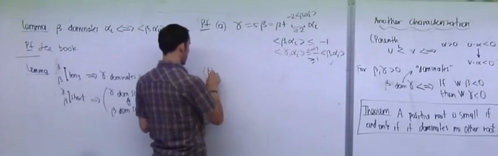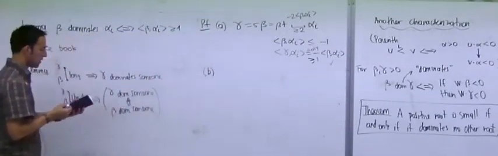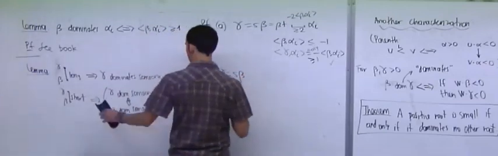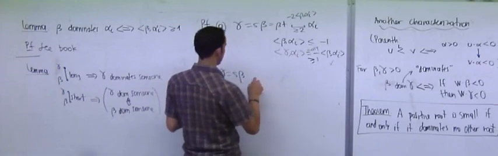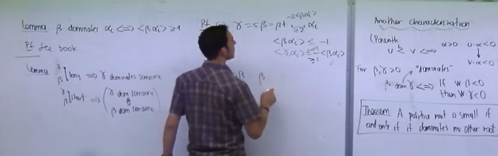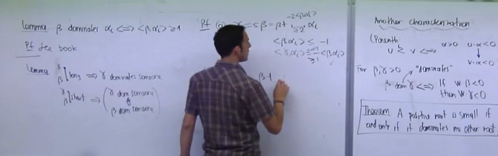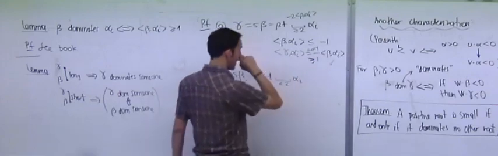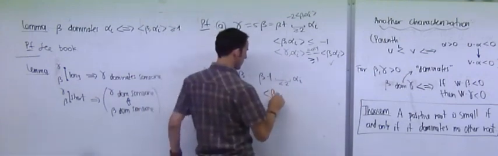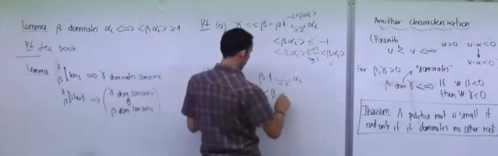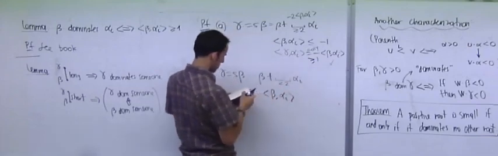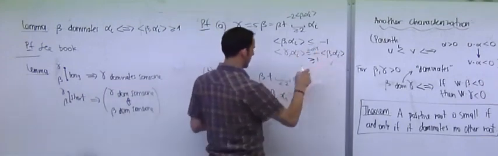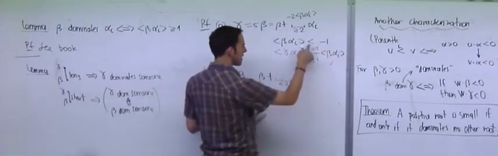Now, part B. Let's suppose that gamma is equal to S beta, and it's a short edge. So this is beta plus something less than 2 times alpha I. So what that means is that the inner product of beta and alpha I is now, it's not bigger than -1, it's not less than -1.